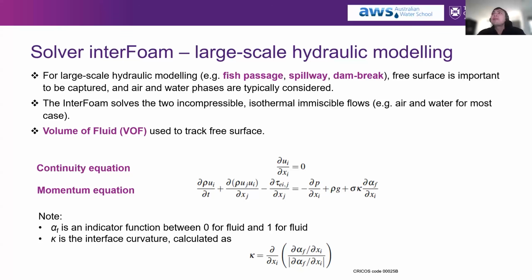The solver uses the volume of fluid method to track the free surface. I just highlight the continuity equation and the momentum equation here. For example, this value alpha is the key indicator function to recognize if the phase is fluid or air.